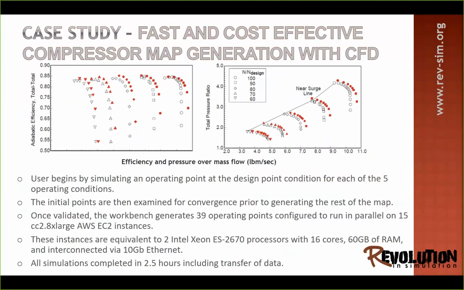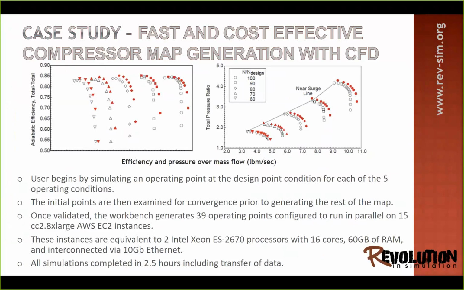Once validated, the workbench generates 39 operating points, which you can see here in the maps, the results of them, configured to run in parallel on 15 AWS instances. These are the 8xlarge ones, the most powerful ones in AWS, especially for high-performance computing.